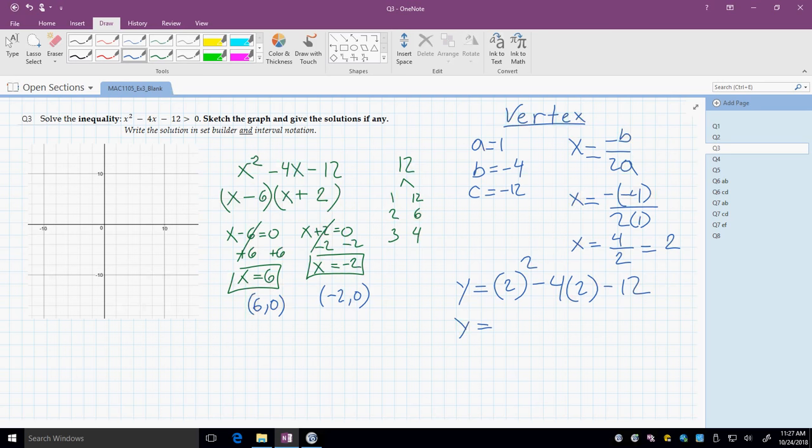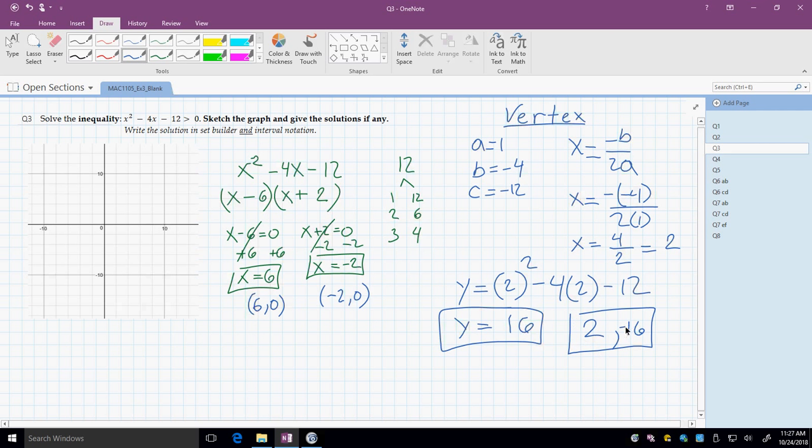Oh no, yeah, you're right. So now the point for the vertex is going to be 2, and it will be negative 16.